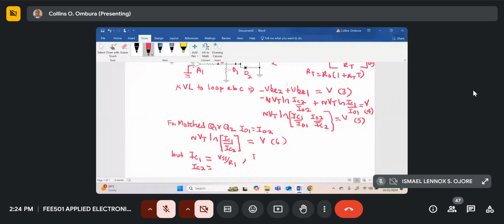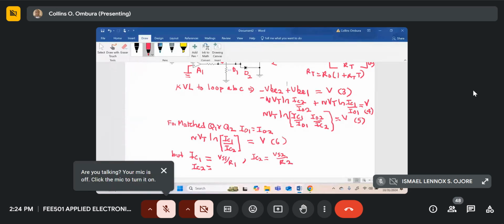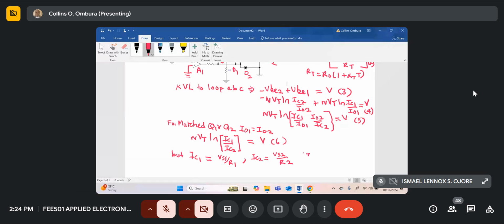And IC2 will be equal to VS2 divided by R2. So let these results be called 7.